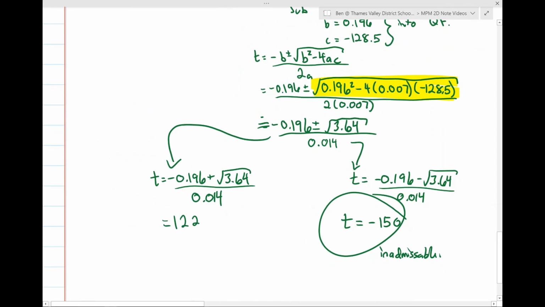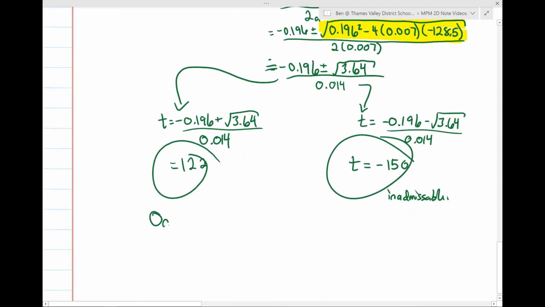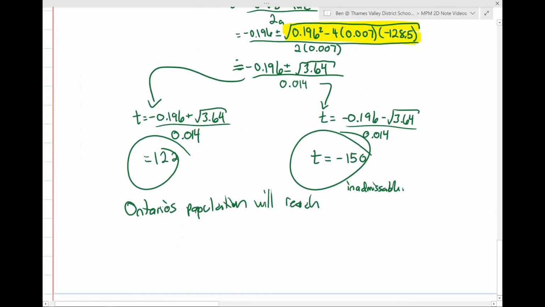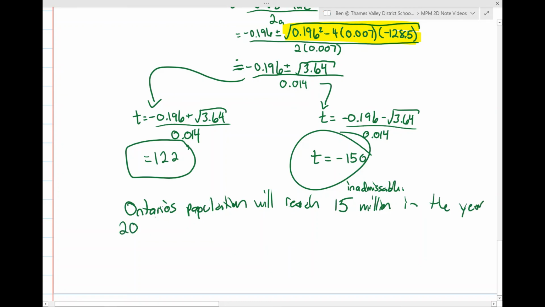So that means that Ontario's population will reach 15 million people 122 years after 1900, which is in the year 2022.